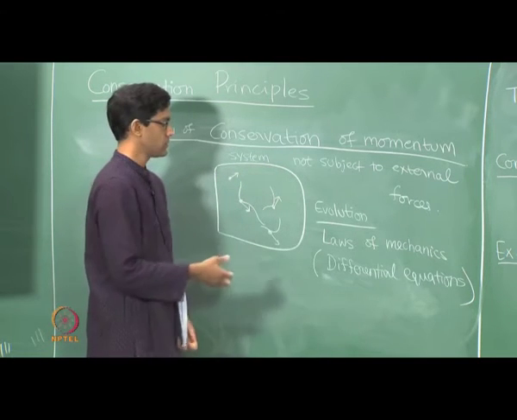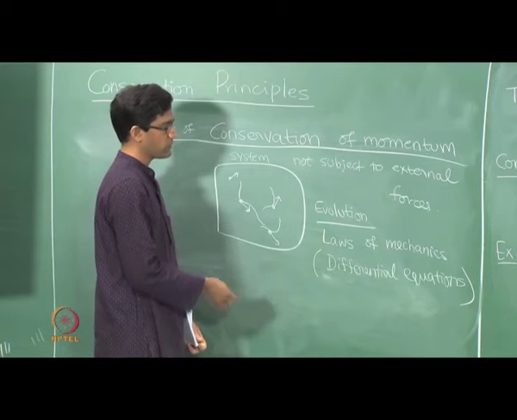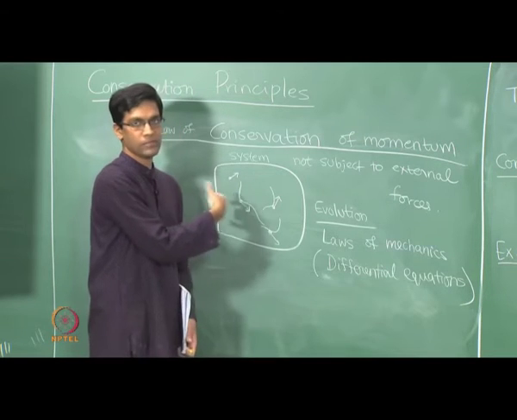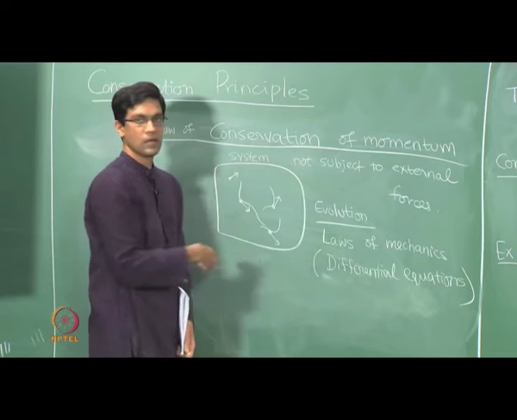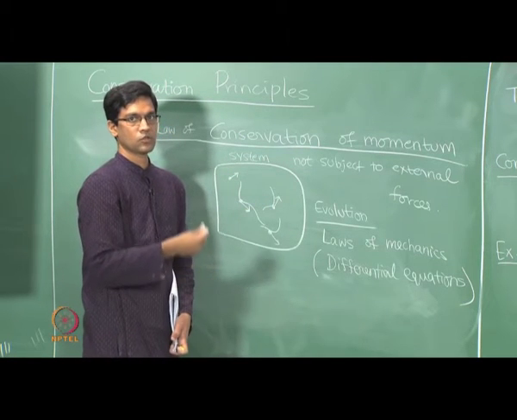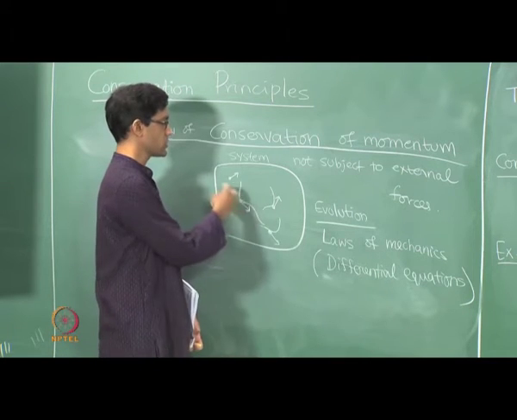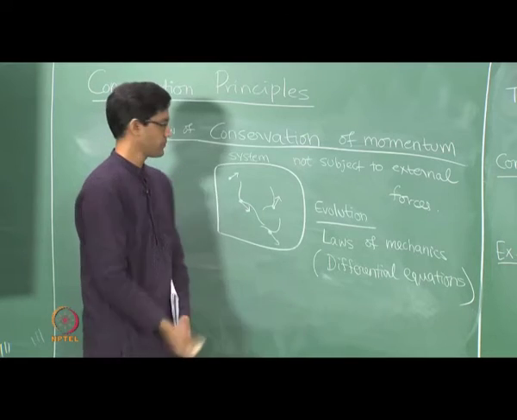Now here the conserved quantity has the following property: no matter what the differential equation tells you happens to the system, the total momentum of the system can never change. So the form of the differential equations is such that even though the system changes with time t, the total momentum cannot change.